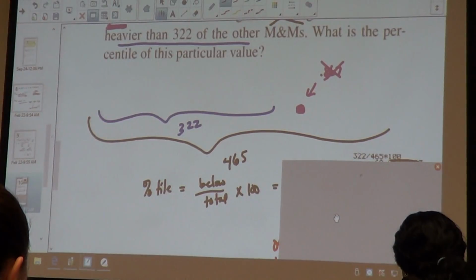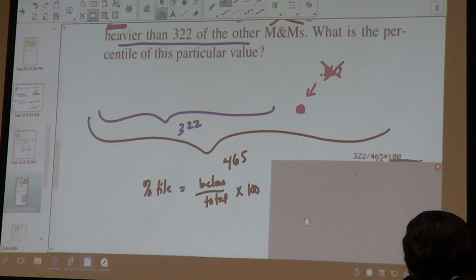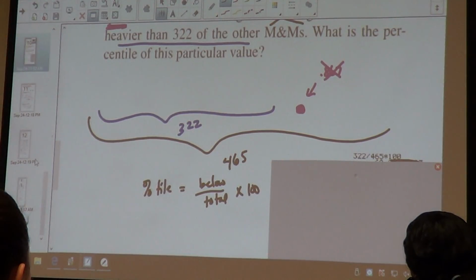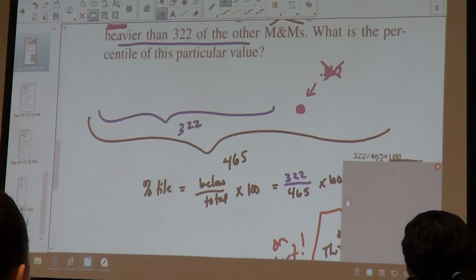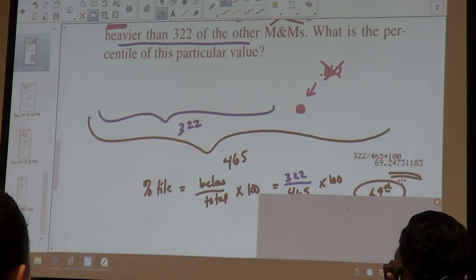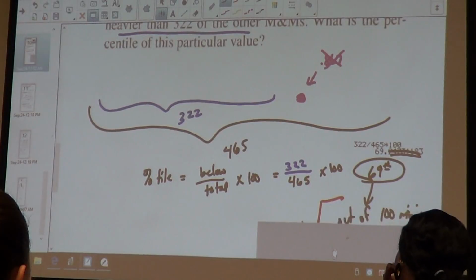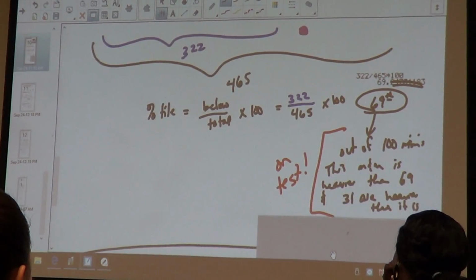So to get the percentile, how many M&Ms were below me? 322. How many total were there? 465, and we got to do our 100. So again, no matter what that was, 69 point whatever, we say that it's in the 69th percentile.